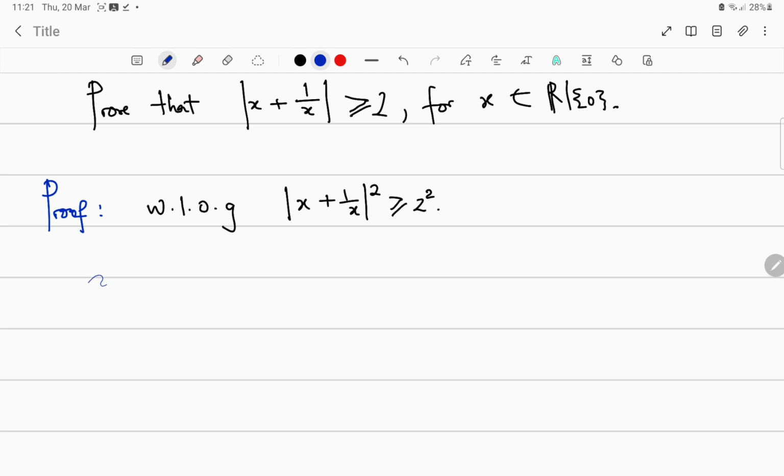There is this property which says that modulus of x squared is equal to x squared. This is actually a straightforward proof.